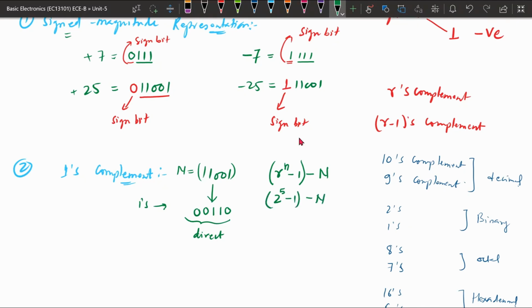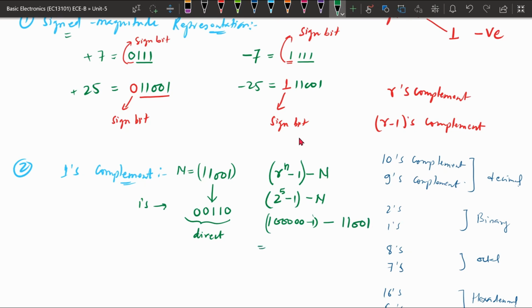Minus n, where n is this number. So 2 to the power 5 minus 1: 2 to the power 5 is 32, so it will be 32 minus 1, minus the number, which is 11001.